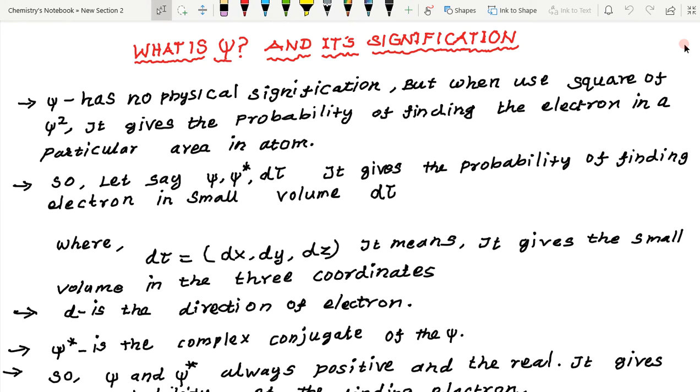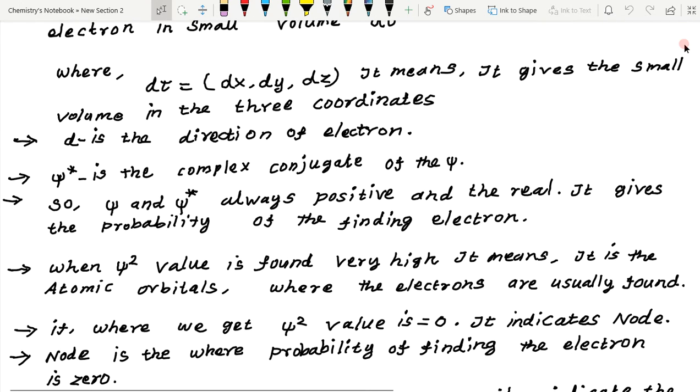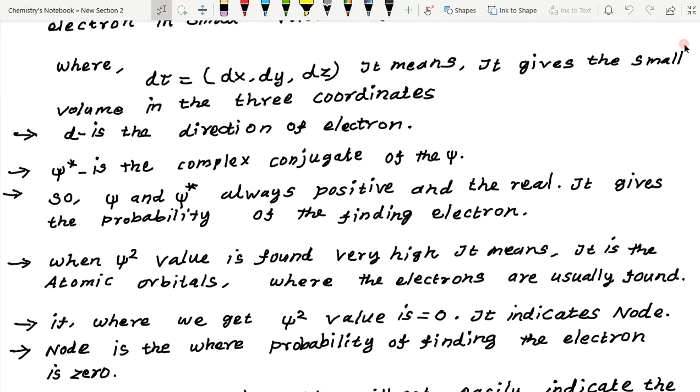Psi star psi is always positive and real. It gives the probability of finding the electron. Next, when the psi star psi value is very high, it means it is the region of the atomic orbital where the electrons are usually found.